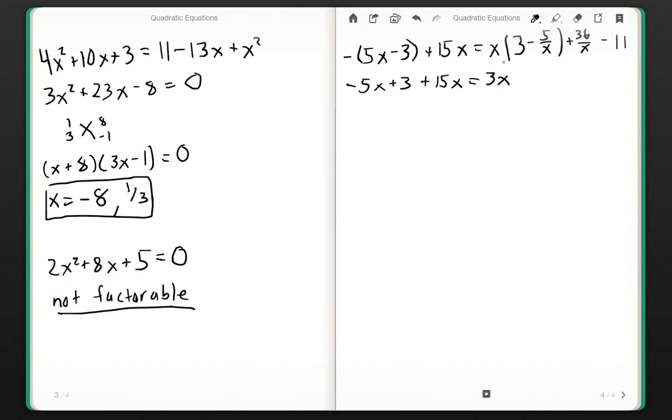So we'll get x times 3 is 3x. X times negative 5 over x. Well, we're multiplying by an x here and dividing by an x there, so those will cancel each other out. So then we'll just be left with the minus 5 on top there.